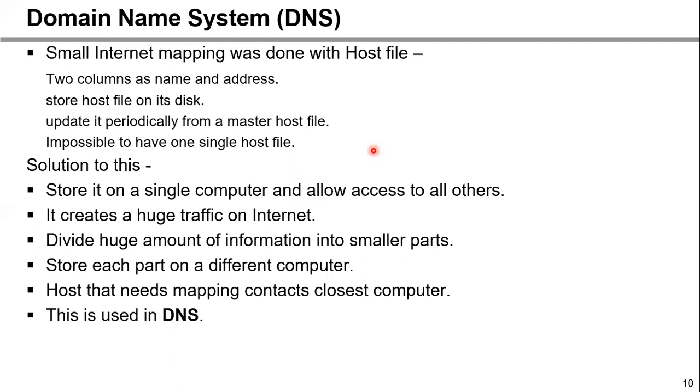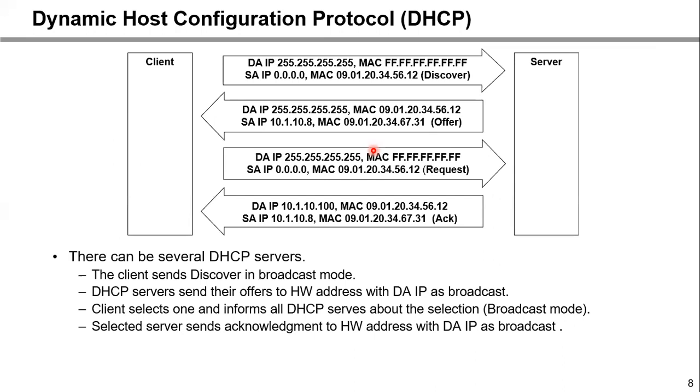Okay, so these are a few cases of DHCP. The next protocol we are going to see is DNS. You are all aware of this one, domain name system, domain name servers, and all these things. The reason why this protocol was designed is that not every person can remember IP addresses.